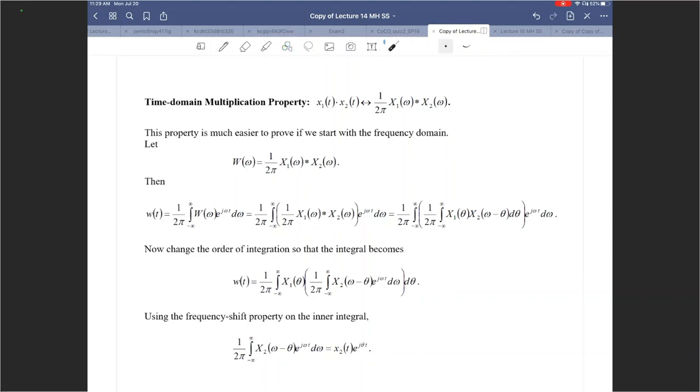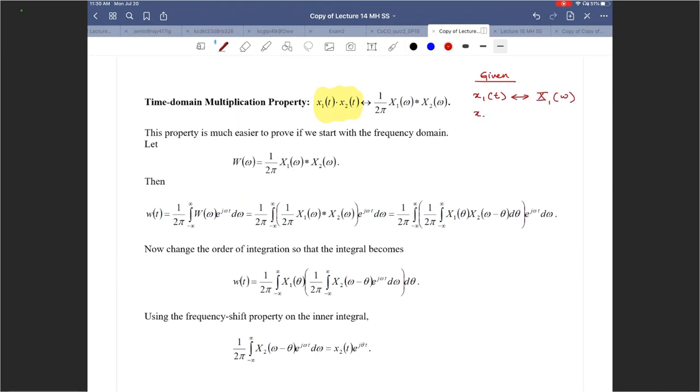The proof over here is very similar to the proof for time domain convolution property that we did in the last lecture. So I'm going to quickly run through this. You have a multiplication in the time domain here, x1 of t and x2 of t. Let us assume that you are given that x1 of t, the Fourier transform of that is cap x1 of omega.